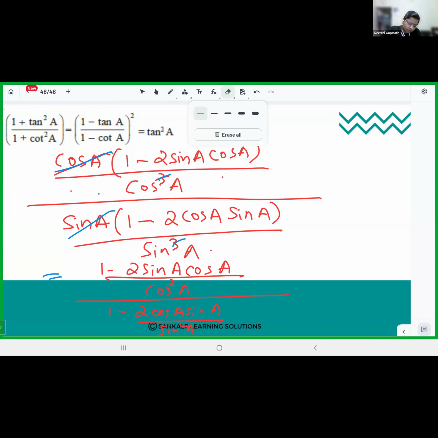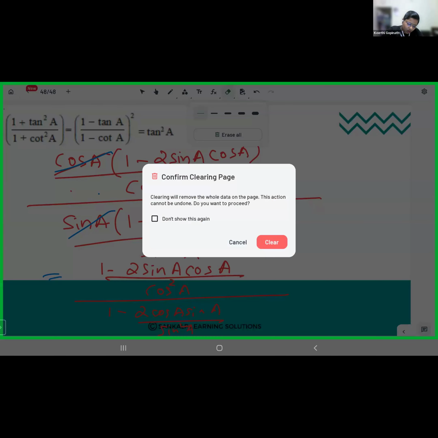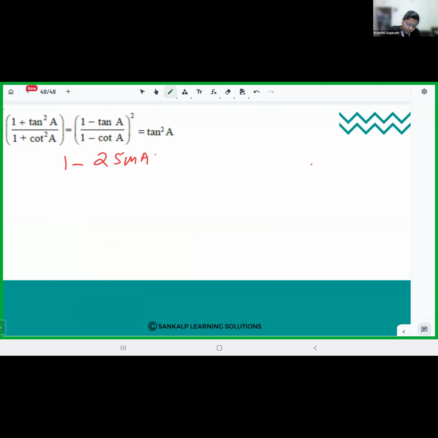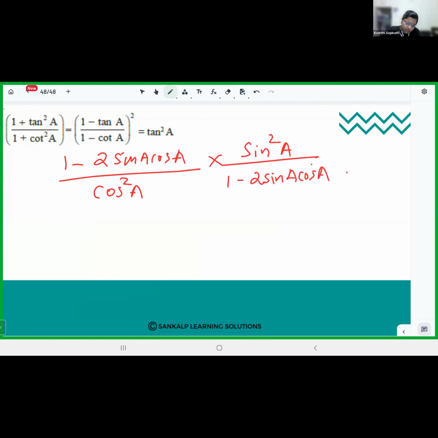So that is equal to 1 minus 2 sin A cos A divided by cos square A. If you take the reciprocal, it will become sine square A divided by 1 minus 2 sin A cos A. You can see here these two terms are equal, so we can cancel each other. So sine square A by cos square A, that is equal to tan square A.